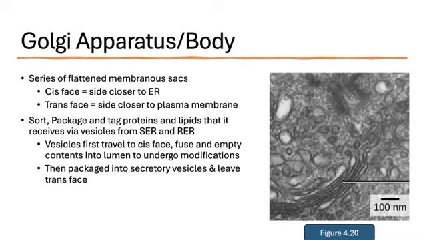And then we'll package it into secretory vesicles and it'll leave through that trans face. We will have an abundance of Golgi in areas like our salivary cells because they're secreting digestive enzymes, immune cells because they'll be secreting antibodies, and within plants, Golgi will synthesize polysaccharides, which can be incorporated into the cell wall.